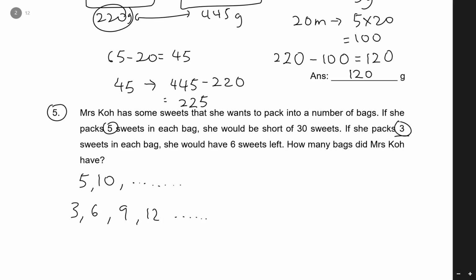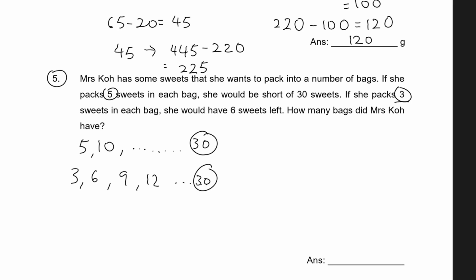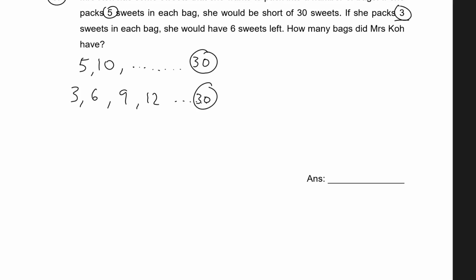Alright, now look for a common denominator, a common factor, I mean. You will find that it's 30. Okay, and that's how many bags, I'm going to leave you to find out on your own. Alright, I'm going to skip this because we have done this kind of question in SA1, so I'm not going to waste the time doing this again.